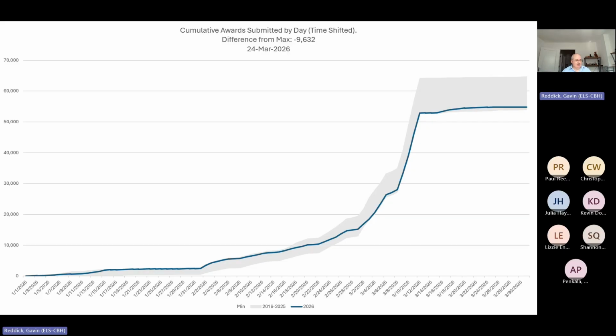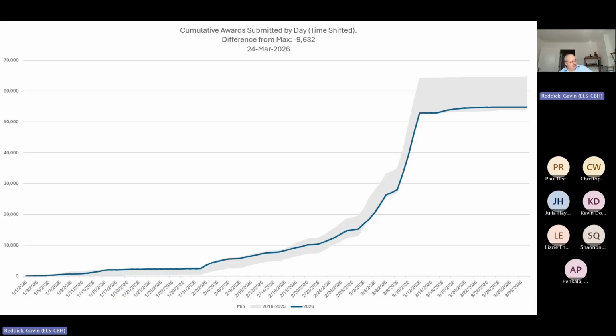We are on the lower end because the number of awards in some of those earlier years was higher, before some funders changed policies around how far back they were going to go on awards and removed some types of awards, studentships, for example. But that number over the past few years has been very consistent. So that's in terms of awards submitted, and that seems very consistent with previous years.